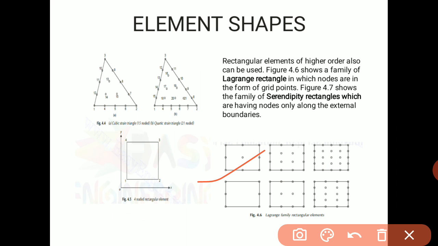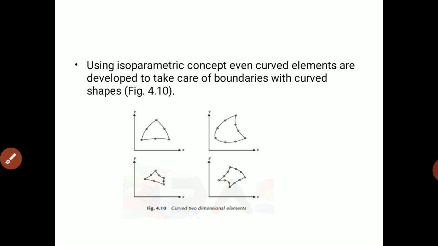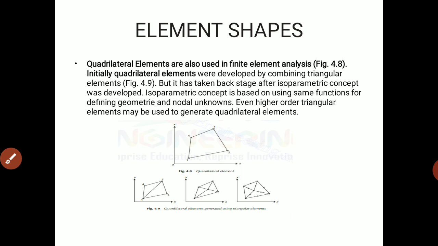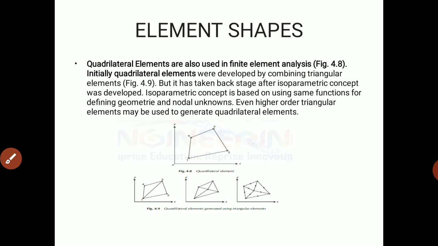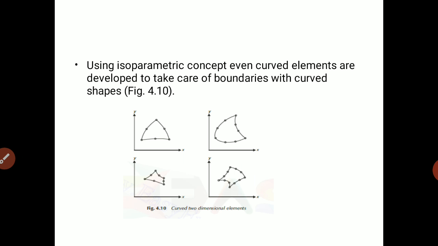As you can see here, these are known as quadrilateral elements. Even higher order triangular elements may be used to generate the quadrilateral. So this quadrilateral is divided into triangles for convenience, or to solve it easily.